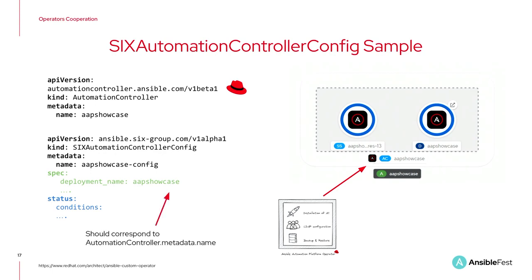One part is, OK, how do I know that it will configure my automation controller? So it cannot be just random names. It needs to fit the name of the previously created automation controller, in that case, AAP showcase. And then you will have everything. So in a nutshell, the user simply needs to create these 2 YAML files.